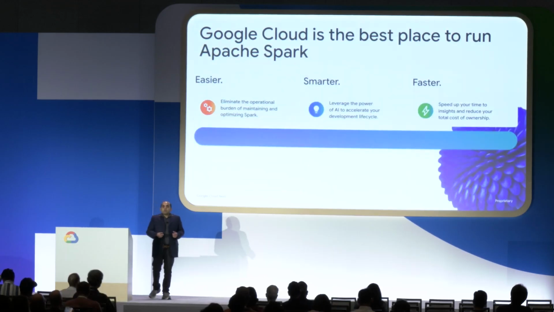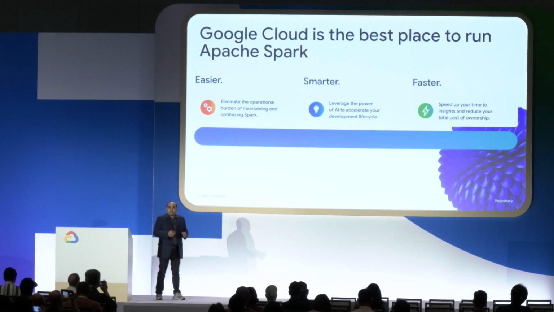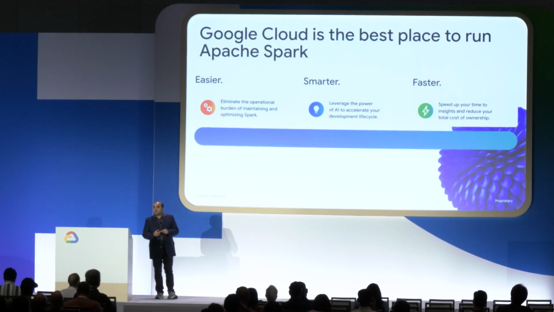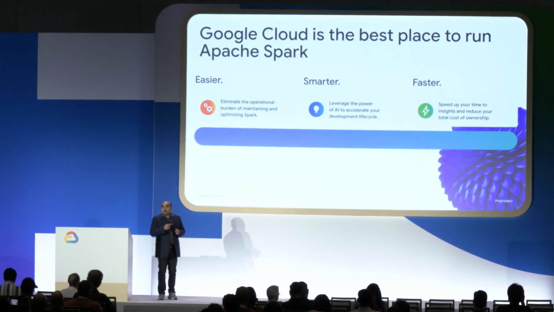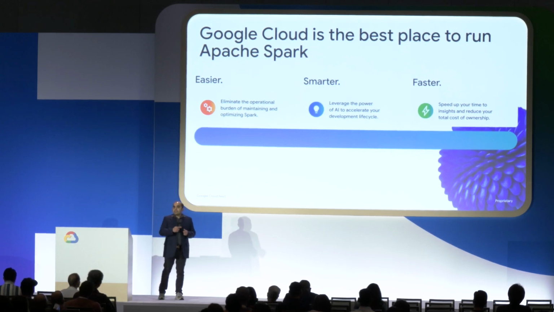So at Google Cloud, we believe there is a fundamentally different way to run Apache Spark. We believe we can make it easier, we can make it smarter, we can make it faster. We want to eliminate any and all operational toil, any and all learning curves, make sure that practitioners, regardless of their skill sets, can actually start getting value out of Apache Spark.